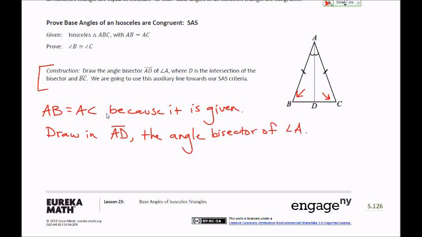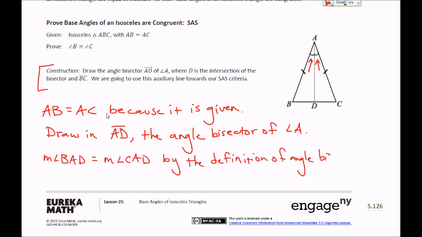Because it's the angle bisector, I know that angle BAD, this angle, must be congruent to angle CAD by the definition of angle bisector. And that's drawn for us in the diagram. And now we'll use the reflexive property, because AD is congruent to itself by the reflexive property, and that gives us the side-angle-side that we need for this criteria.